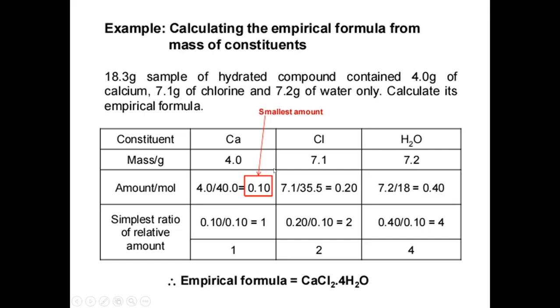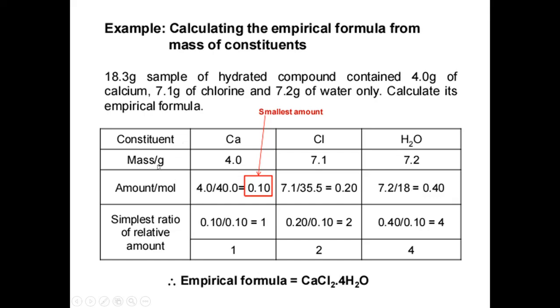Then you make a table that contains 4 columns. Constituents consist of calcium, chlorine and water. For calcium, the mass is 4. Chlorine is 7.1. Water is 7.2. And the question asks you to calculate the empirical formula.